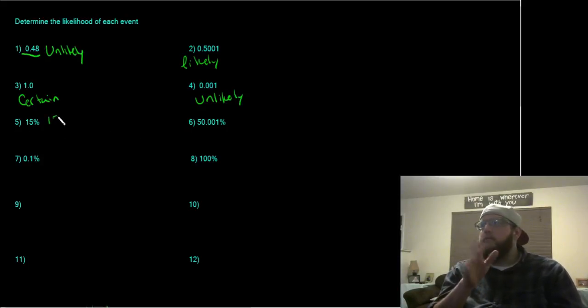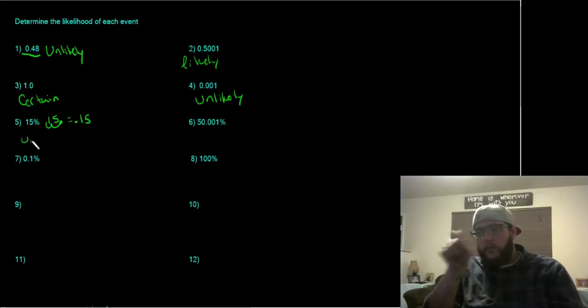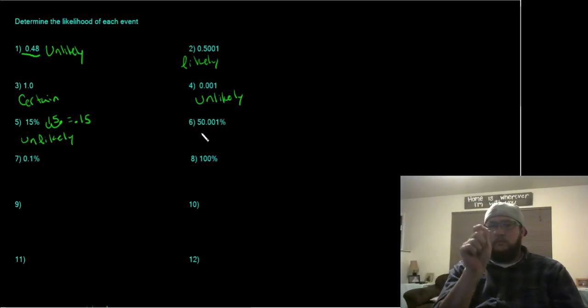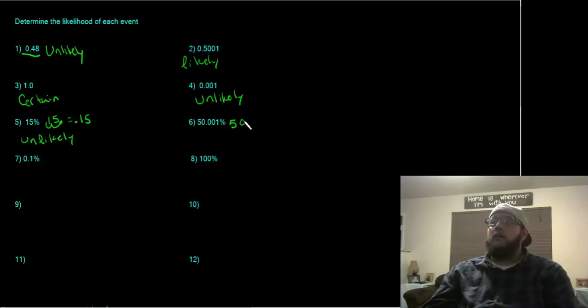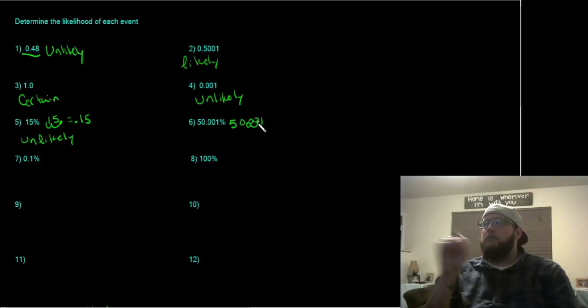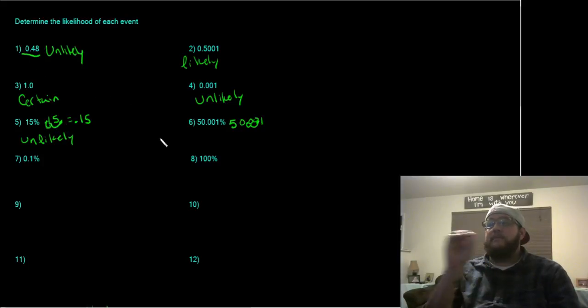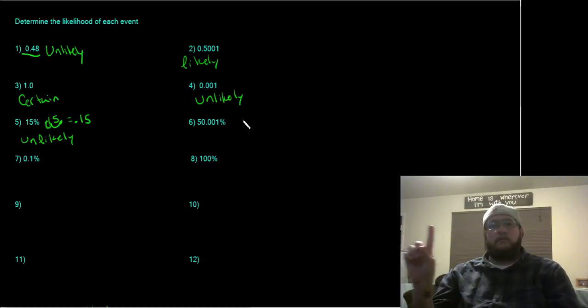15% we can change to a decimal, which is 0.15, which is unlikely. 50.001%, we can convert to a decimal. Actually, I did it the wrong way. This should be this way. And let's erase this.